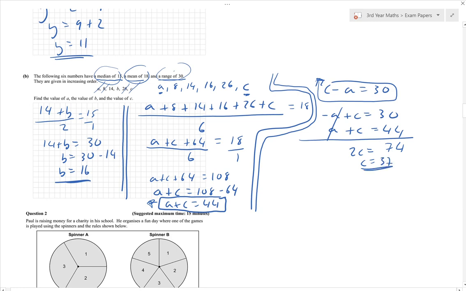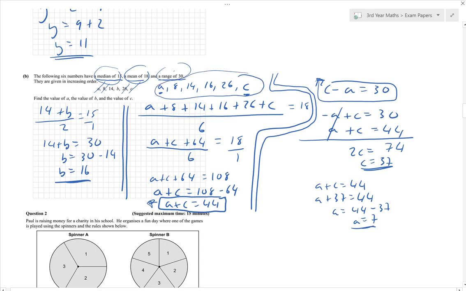Now can I find what A is? Well, I know A plus C is equal to 44. So A plus 37 is equal to 44. A is equal to 44 minus 37. A is equal to 7. Okay, so now I know all the values.